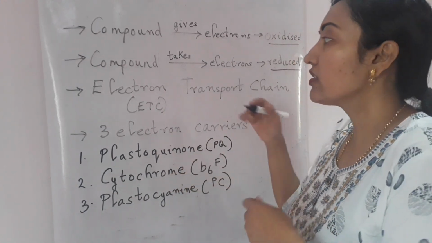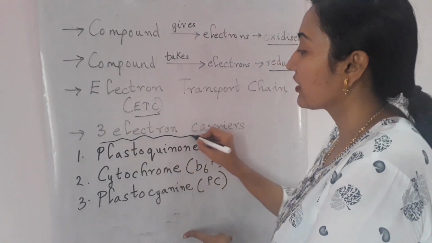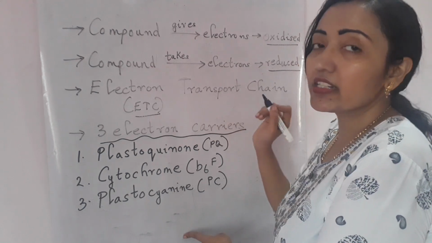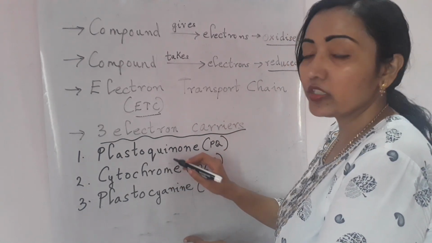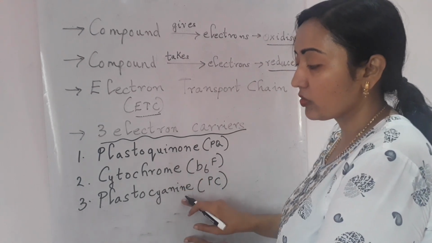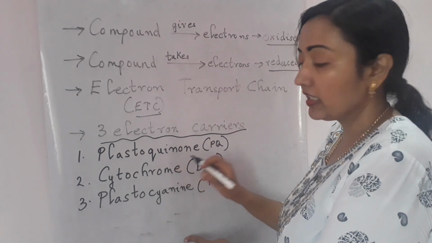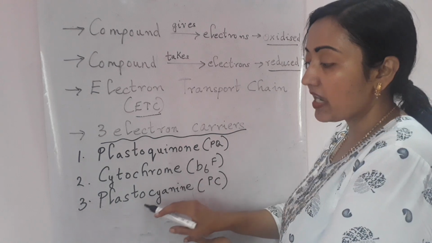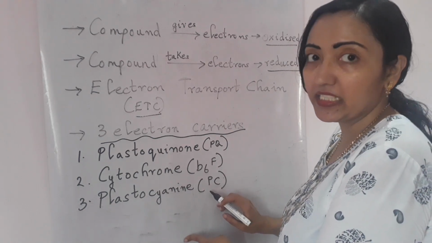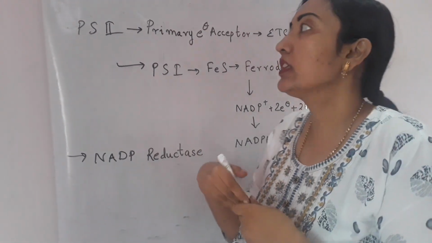This electron transport chain, otherwise called ETC, consists of 3 electron carriers: plastoquinone PQ, cytochrome B6F, and plastocyanin PC.